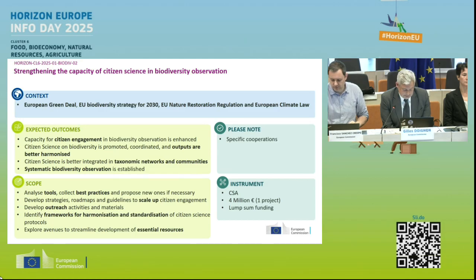We also want citizen science to be better integrated in taxonomic networks and community. It's already the case for some taxa, but we really want to envisage all taxa, so also the little-known taxonomic groups. And we want also to ensure the full use of data for monitoring and modeling.